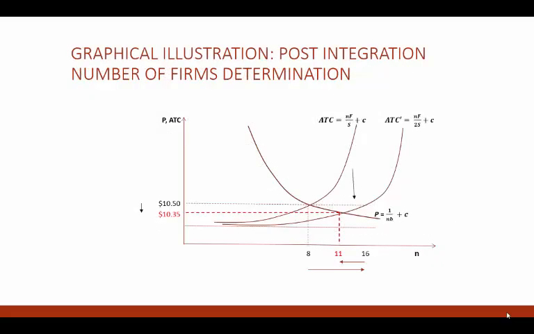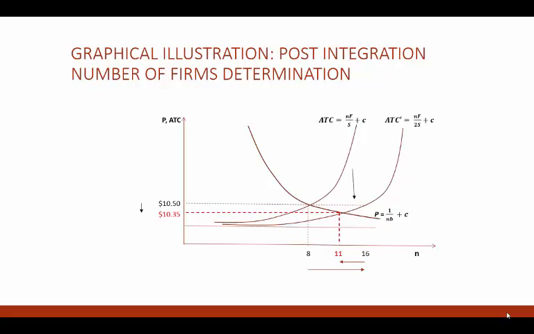We depict the pre- and post-trade outcomes for number of firms as previously in the graph below. As seen under autarky in home, which is also true in foreign, there are 8 firms, and the long run equalized price and average costs are $10.50.